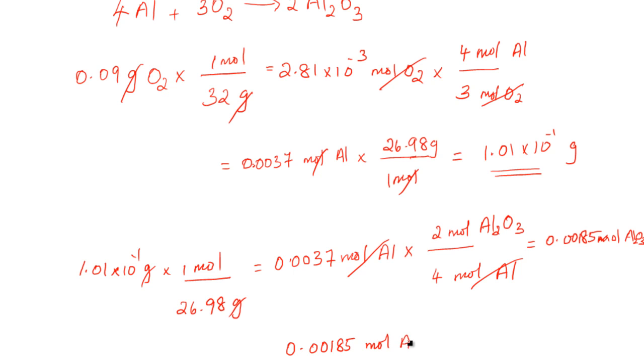This is what we have. But the question is what mass of Al2O3? Convert moles to mass using molar mass of Al2O3. What is the molar mass of Al2O3? Calculate that, please. We haven't done that one.